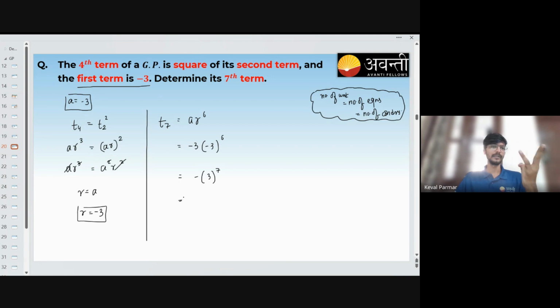So 3 is 9, 27, 81, 243, 729, I know up to there. So that means 729 into 3. What is the answer? 2, 3, 6, 7, 8. 7 is 2187. This is my answer. Correct? Chalo. Let's move on to the next question.